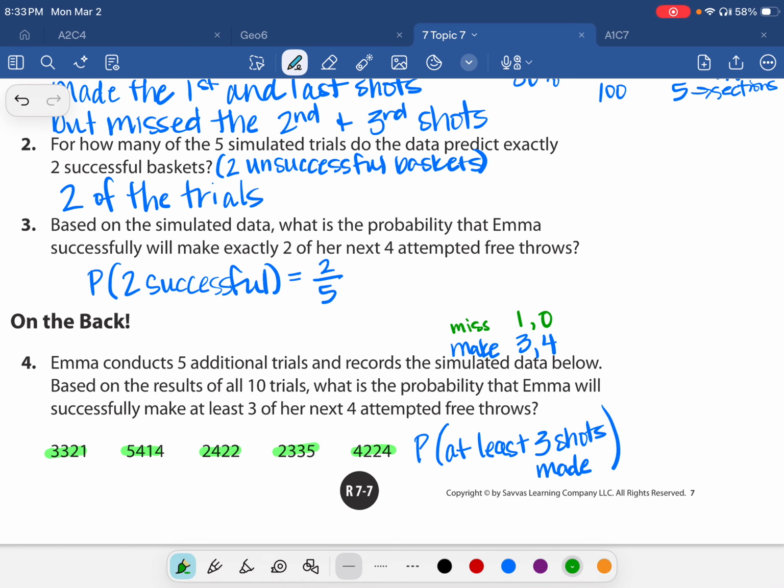Okay, so out of the 10 trials, how many did I highlight? 5, 6, 7, 8. So 8 out of 10, 4 out of 5, 80%. The chances that she's going to make at least 3 shots would be 4 out of 5.